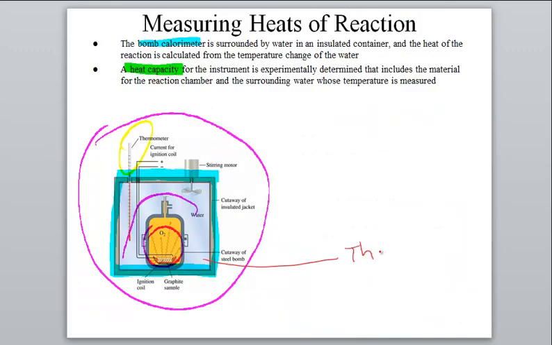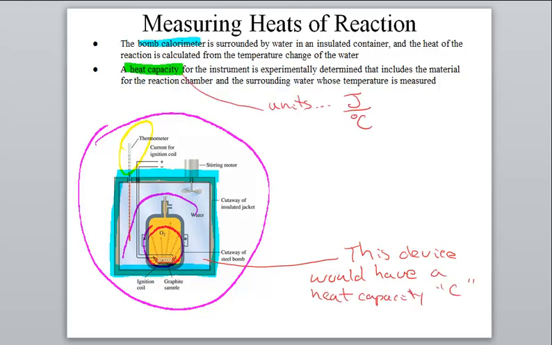So this device would have a heat capacity, and the units for heat capacity would be joules per degrees Celsius.